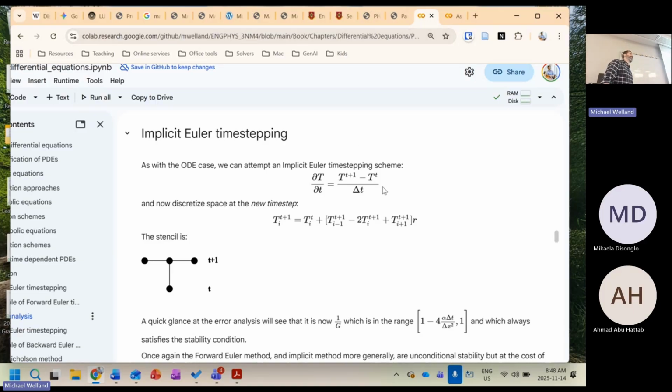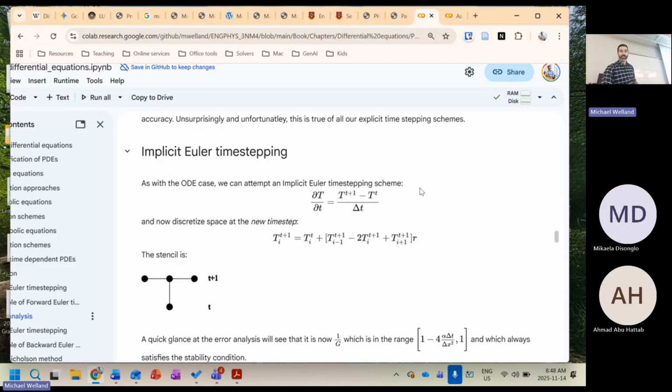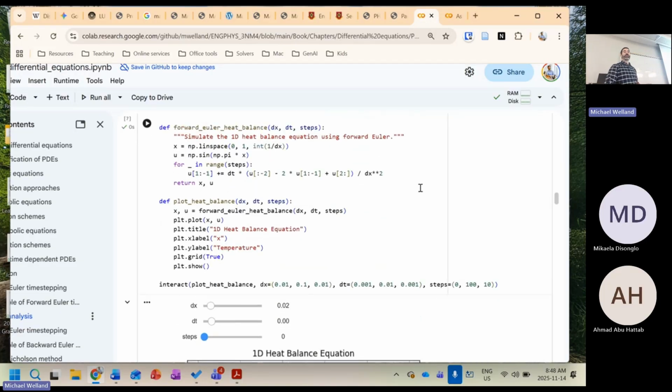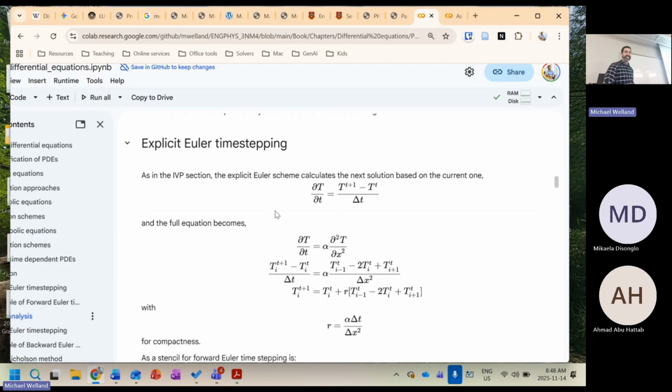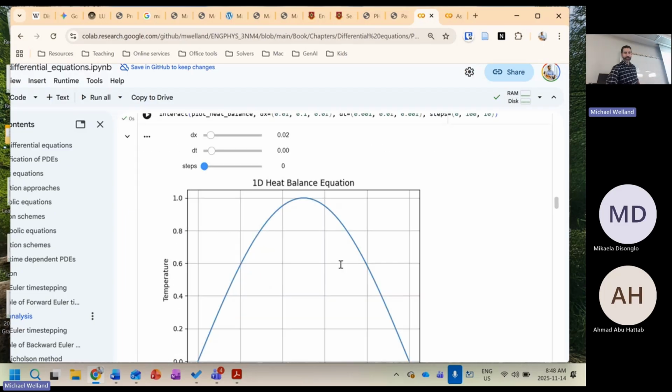Alternately, this looks exactly the same, by the way, we could discretize our time step with a backward Euler. And backward Euler is almost the same, it's certainly written down the same way. But whereas here we said T at time t plus 1 minus T at t, over delta t, is equal to all this at time t, the previous step, we're going to switch that.